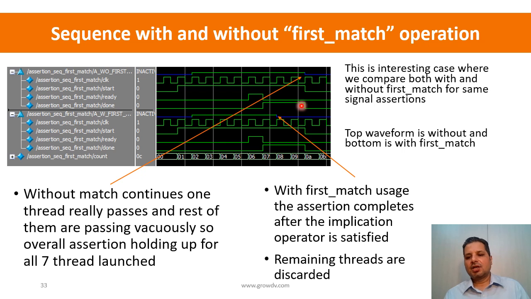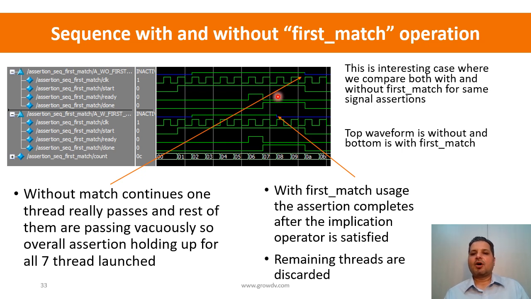And if it is a much longer delay, let's say 100 or 127, then so many threads will unnecessarily keep waiting, and they will all slow down your simulator. If you have multiple instances of this particular assertion, let's say even 32 instances with 127 or 128 clocks of waiting, then you can imagine the total number of threads that would be outstanding, and they would unnecessarily keep running, and they can cause unexpected errors as well.